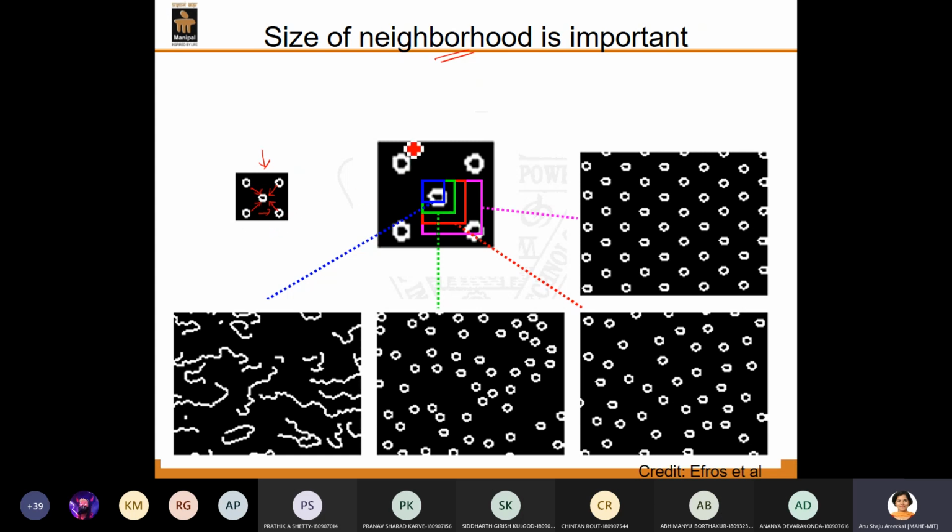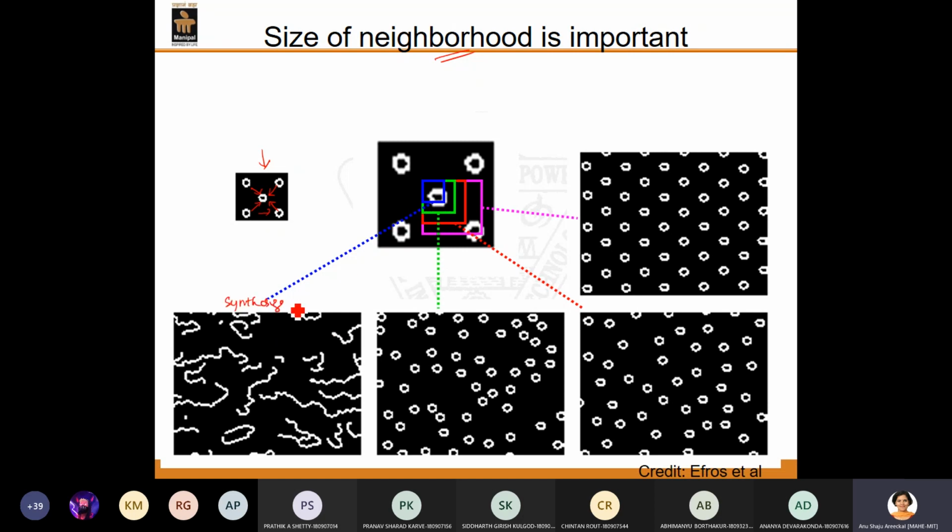Now, when you're selecting the neighborhood, what we are trying to do is synthesize a bigger image given this particular image. This is the same image, just zoomed. If I consider this blue patch shown over here, the input image is what is given, and this blue patch represents the neighborhood that you are considering, from which you have to create the synthesized image.